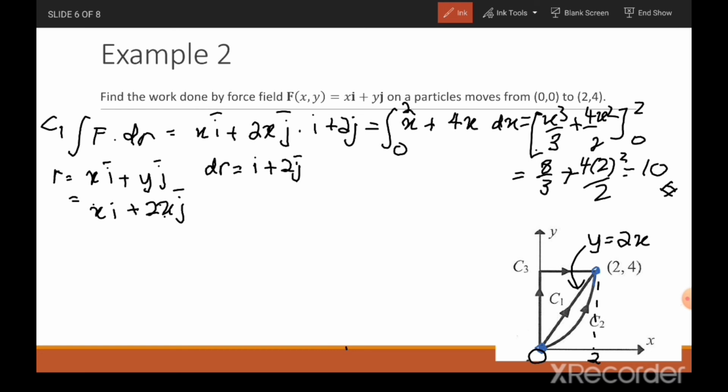Now we continue with C2. Based on the graph, what is the equation for C2?